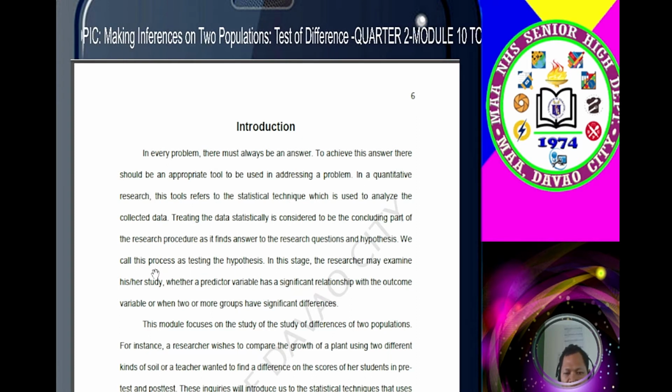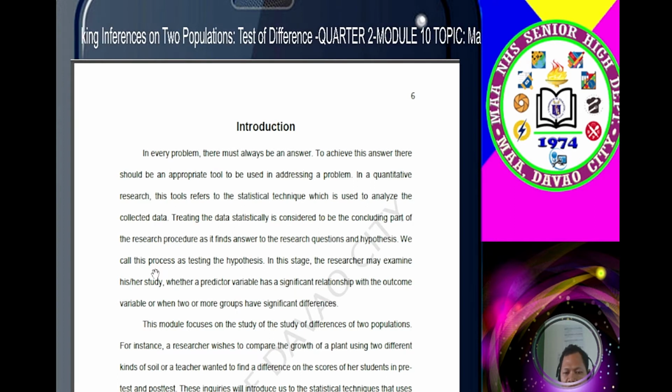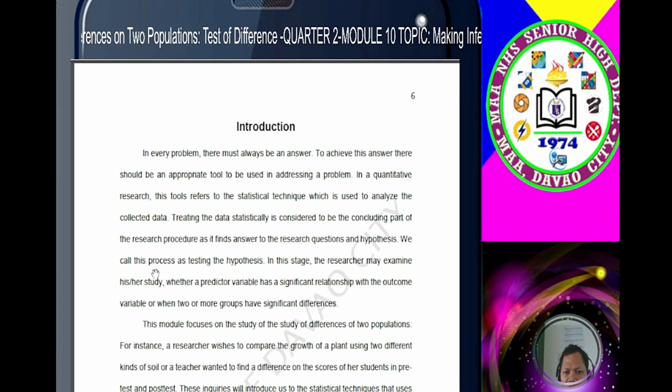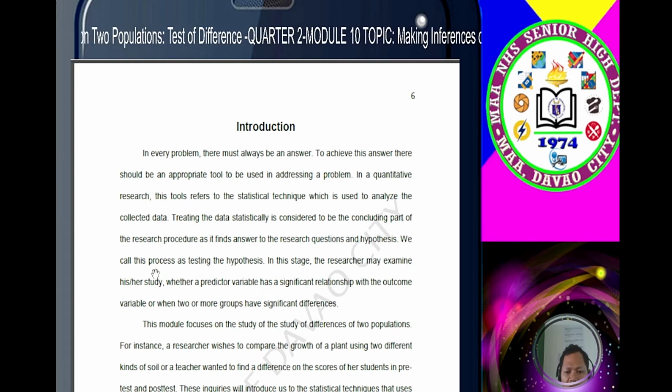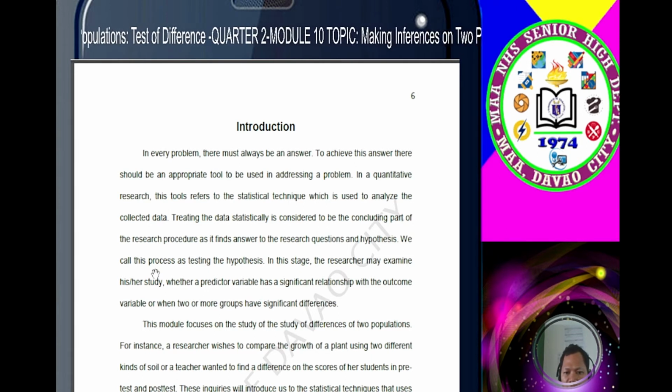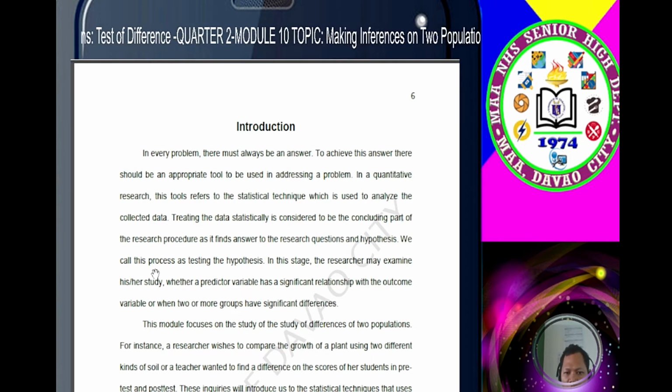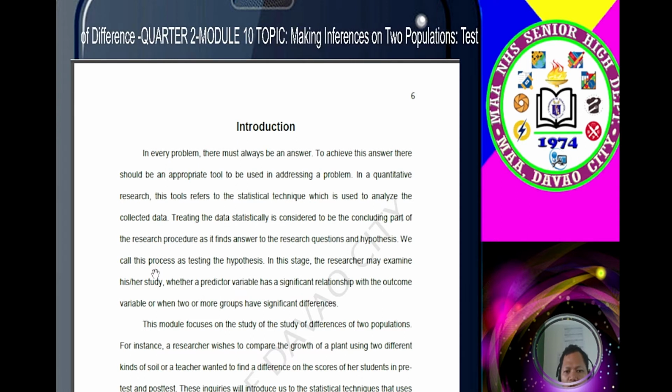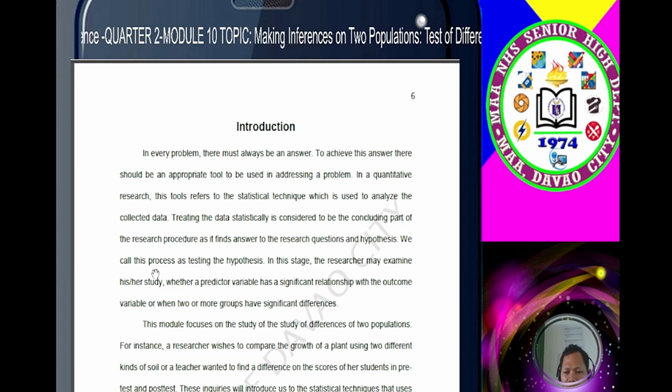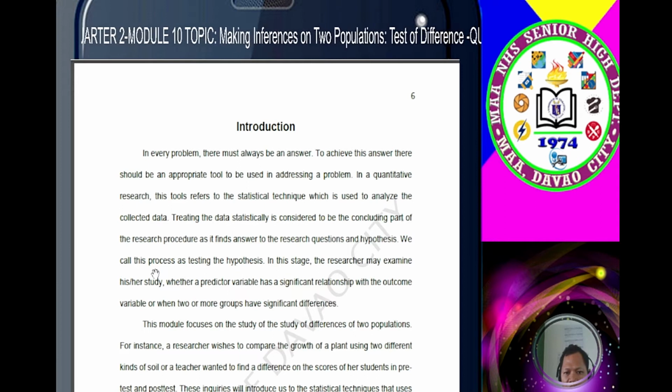We call this process testing the hypothesis. In this stage, the researcher may examine whether a predictor variable has a significant relationship with the outcome variable, or whether two or more groups have a significant difference.